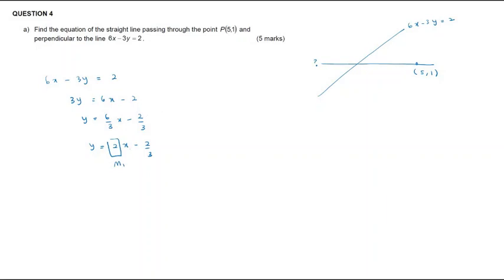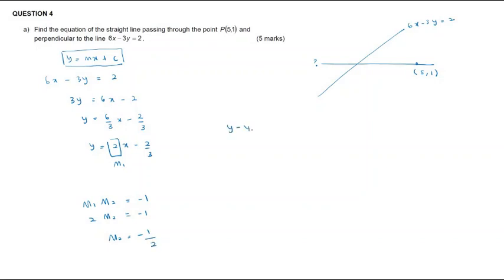We want to change this into y equal mx plus c, where m is the gradient and c is the y-intercept. Since the two lines are perpendicular, we can use m1 multiplied by m2 equal negative 1. Our m1 is 2. Therefore, m2 equal negative 1 over 2.